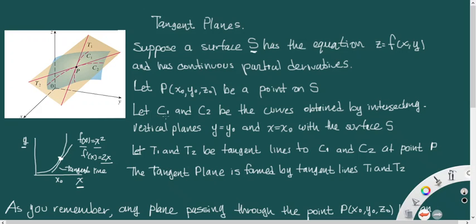Okay. Now let C1 and C2, as you see here, this is C2 and this is C1, be the curves obtained by intersecting vertical planes y equals y sub 0 and x equals x sub 0 with the surface S. What does that mean? It means you can cut this surface with a flat plane this way and in this way.